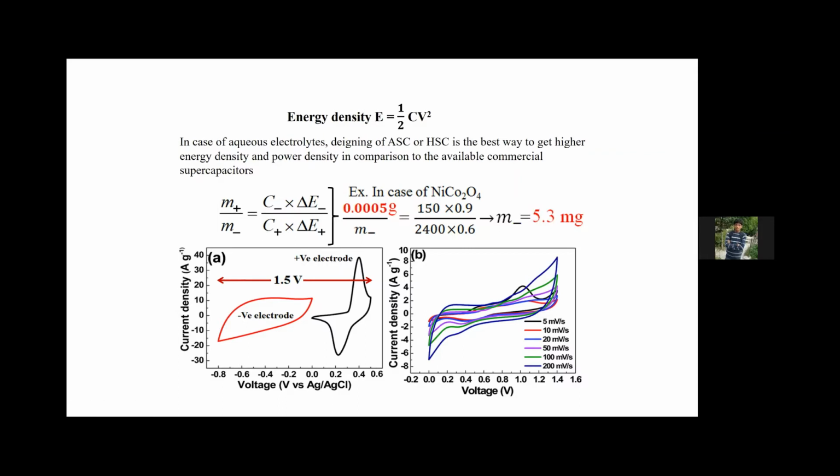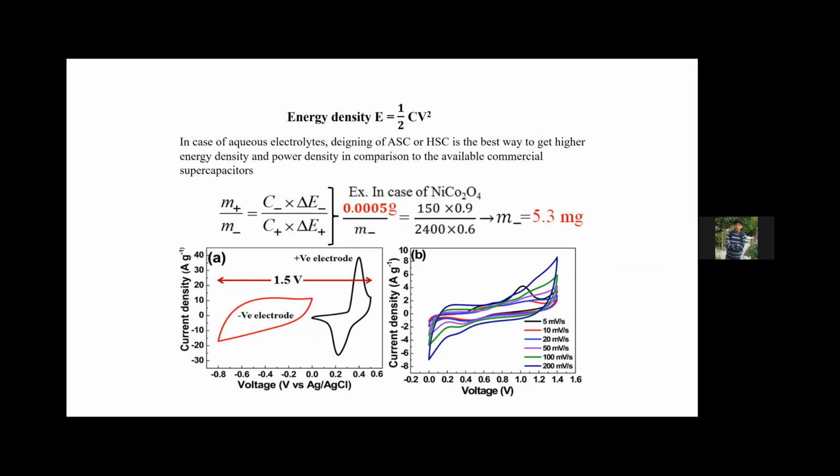So we can see for the charge balance, since the specific capacitance is huge, one is 150 and the other is 2400, we need a mass balance. Suppose we fix the nickel cobalt oxide and use 0.005 gram in the positive electrode.